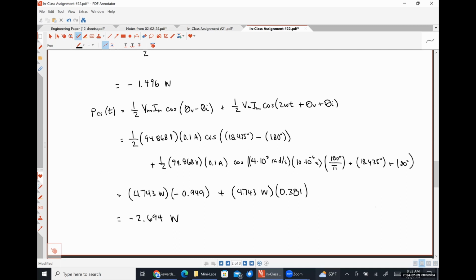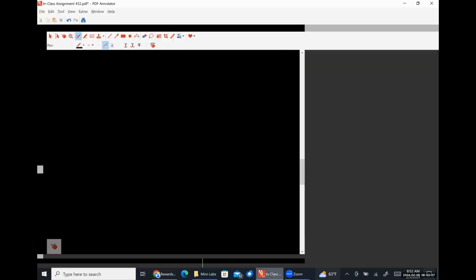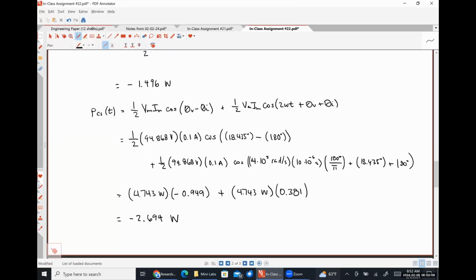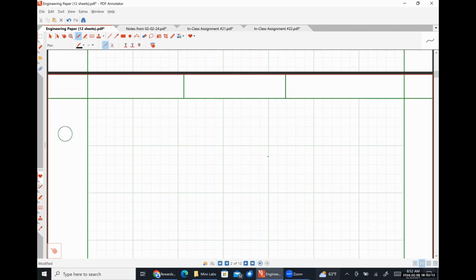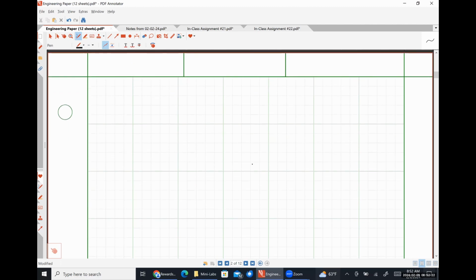So this is going to go back to some relationships that hopefully you learned in Math 242, because it involves an integral. So let's call this the average value of a periodic function.